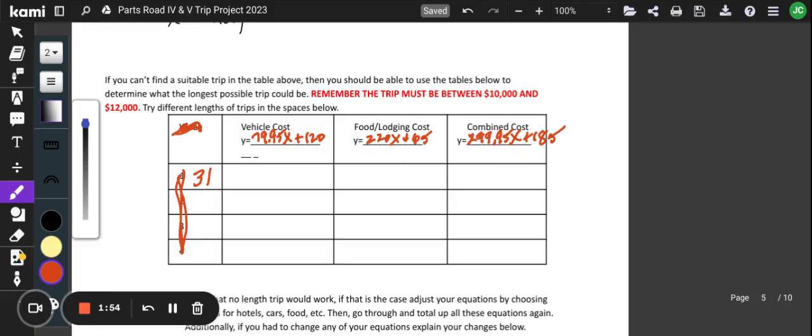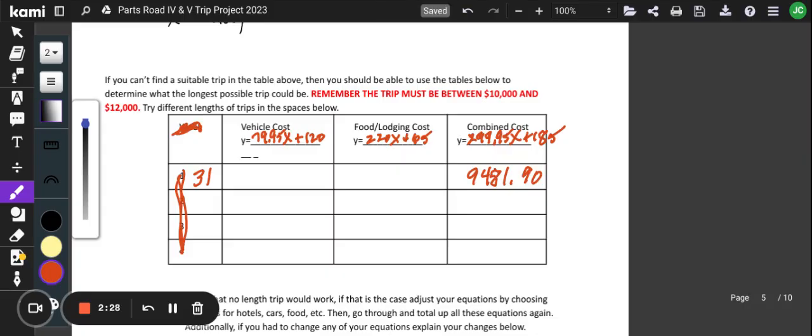So 31 times, I'm just going to do the overall. 299.95 plus 185 equals. Okay. That doesn't do it either, unfortunately. That gets us to 9,481.90. It's not going to work.